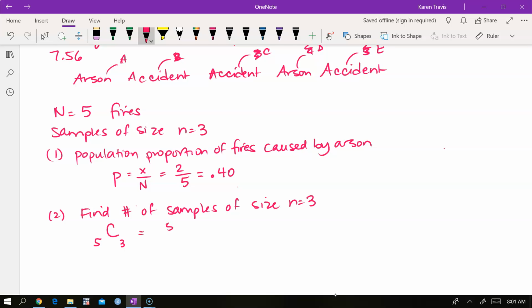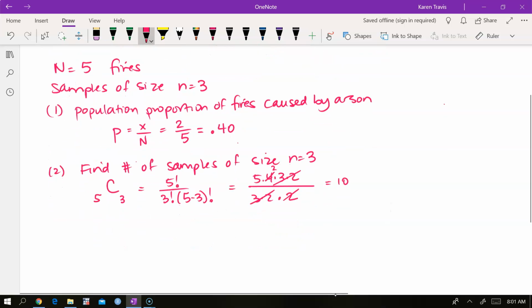So this would be 5 factorial over 3 factorial times (5 minus 3) factorial. So we see there's 10 total samples.